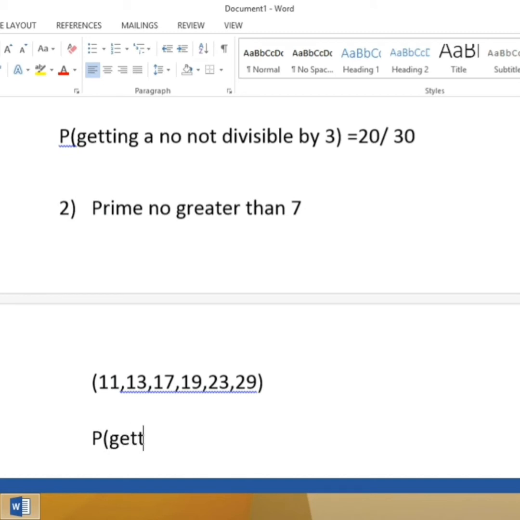So the probability of getting prime numbers greater than 7 is equal to, possible outcomes are 6, so 6 by total 30, which we can further simplify to 1 by 5.